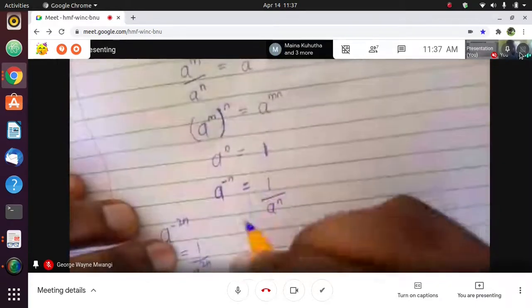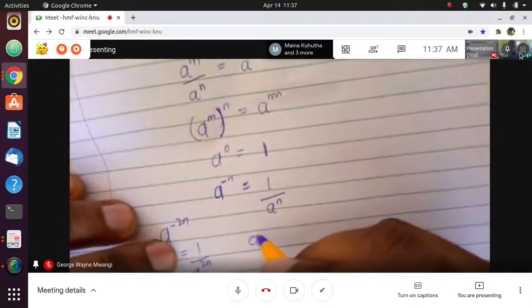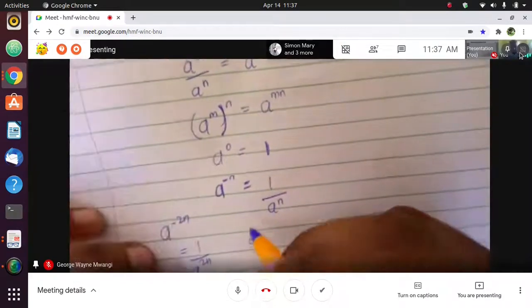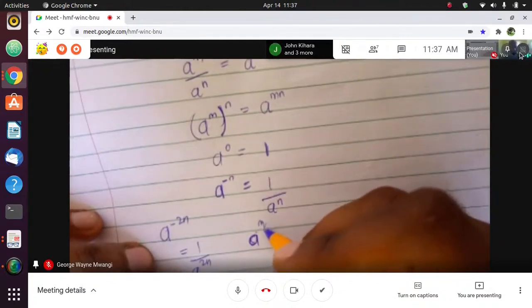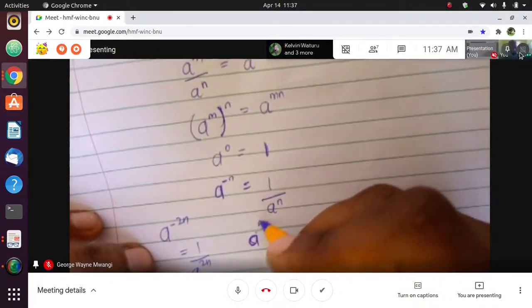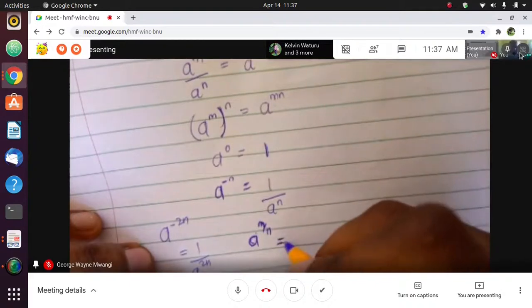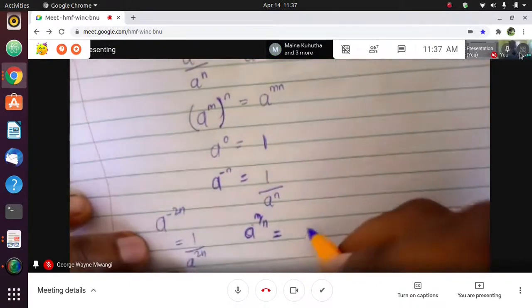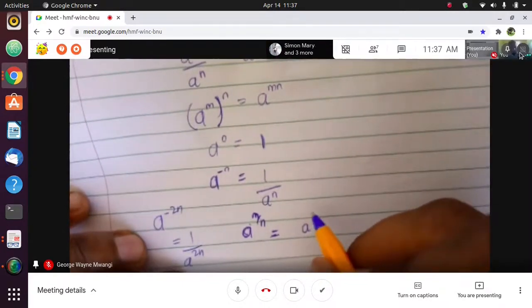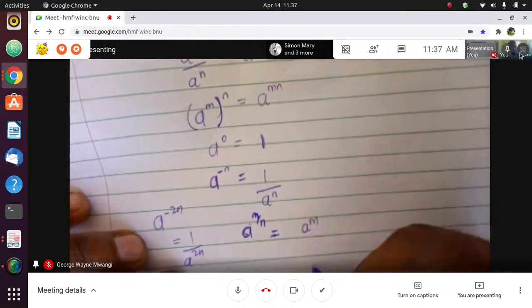And the last one that we looked at, that tuliangalia last time, was if you have a number raised to a fraction, it is the same as writing what? a raised to power m over n is the nth root of a raised to power m.